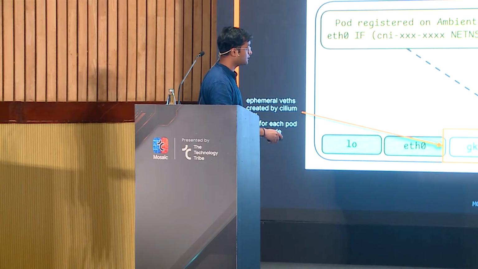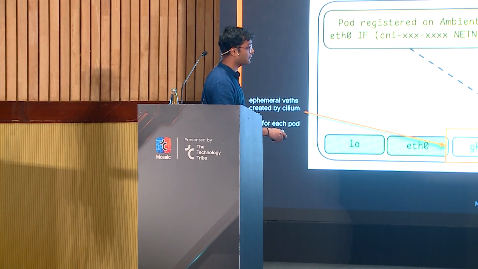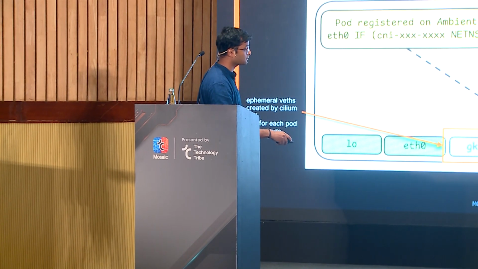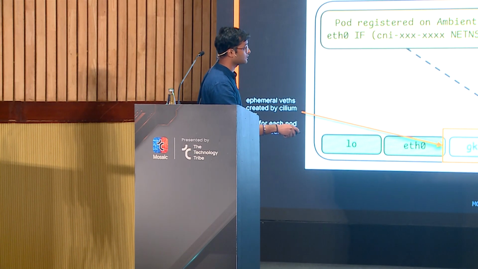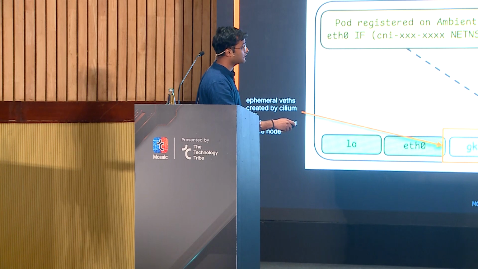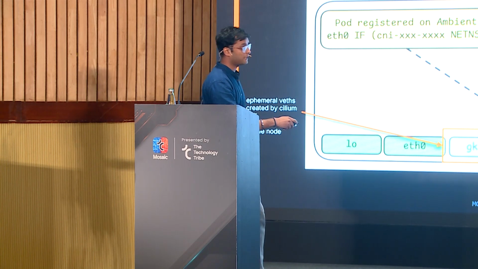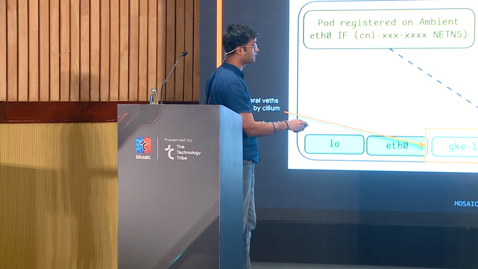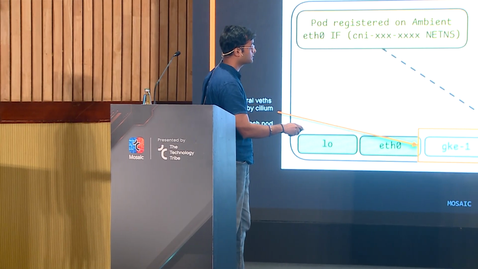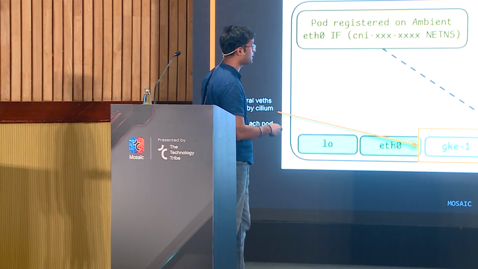So for a packet coming here, the CNI does the heavy lifting of identifying the MAC address of this particular destination. It will jump from here to here, because this is again the same network interface pair. Once the packet ends up here, it will end up on the destination pod, and then if the destination pod wants to send a packet back to the caller or the client pod on the same node, it will just traverse the path exactly backwards.